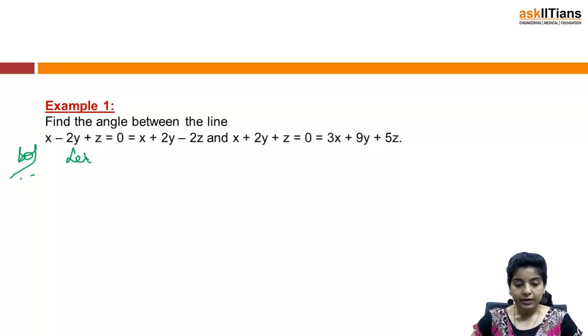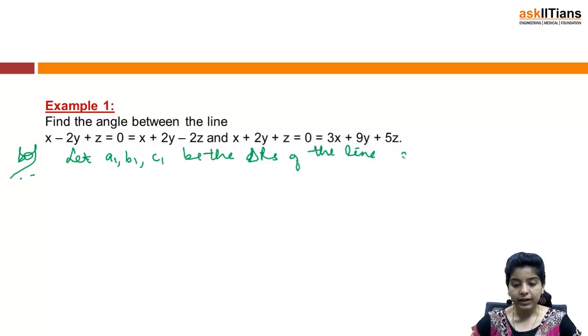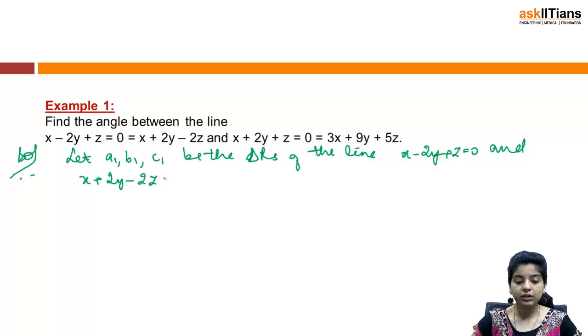First of all, let a1, b1, c1 be the DRs of the line x minus 2y plus z equal to 0 and x plus 2y minus 2z equal to 0.